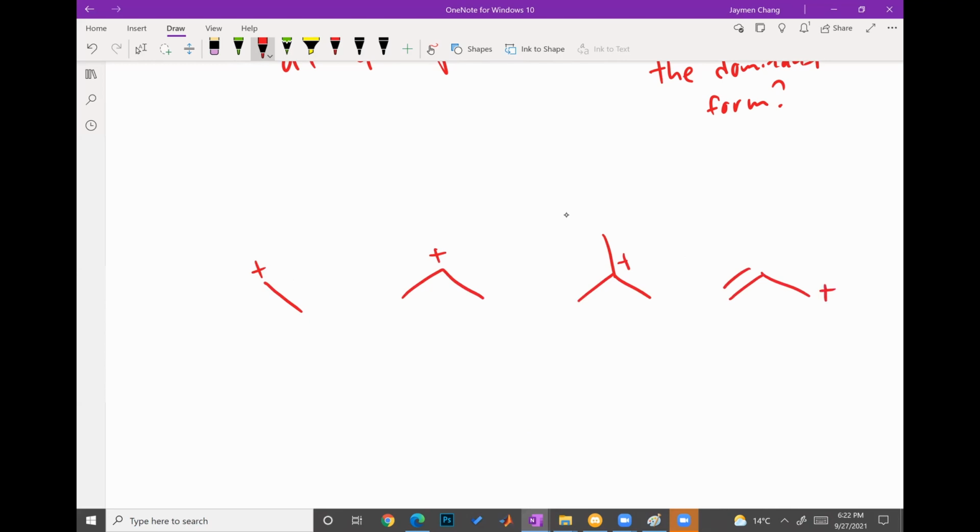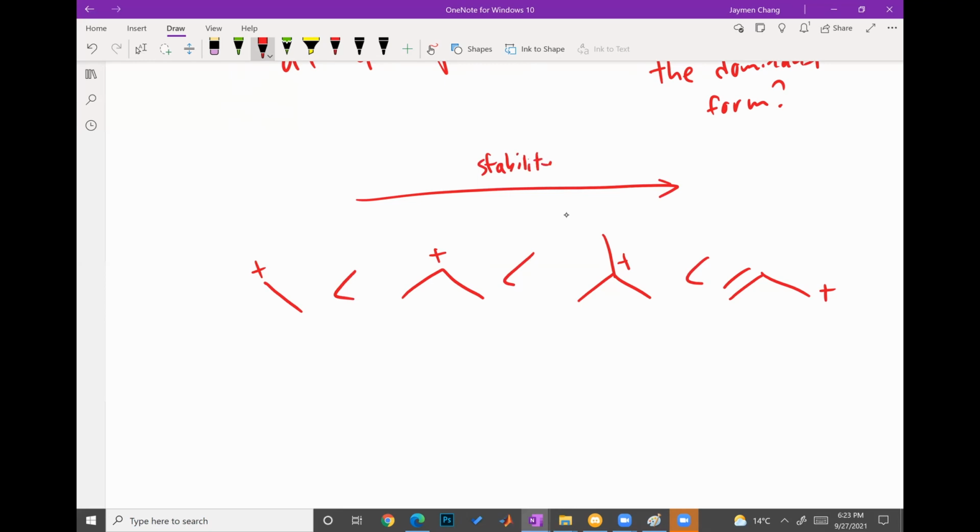In terms of stability, which one is the most stable here? What do you guys think? Anybody want to give it a go? Last one, yeah, perfect. So in terms of stability, we're actually going to go this way.